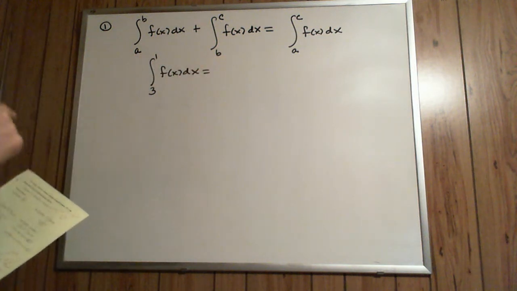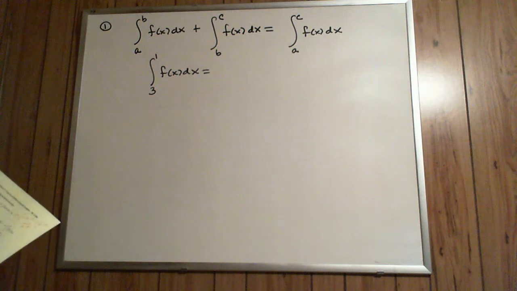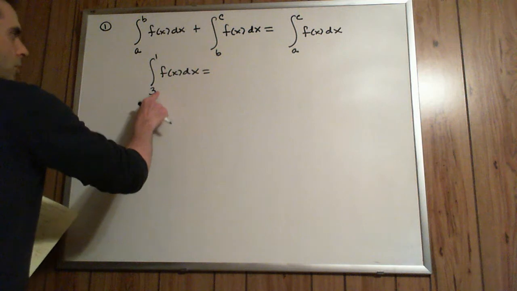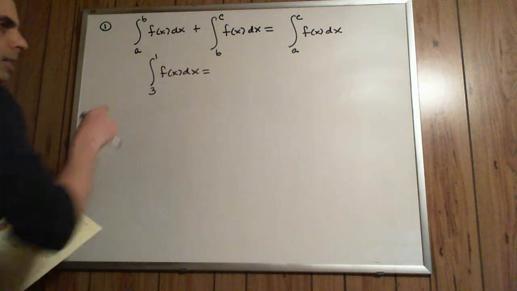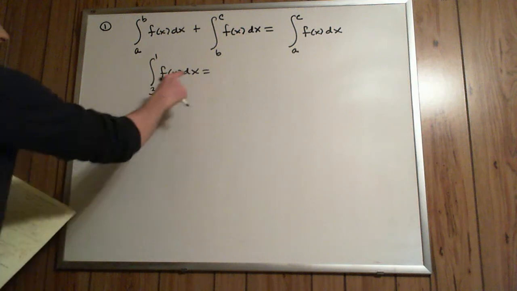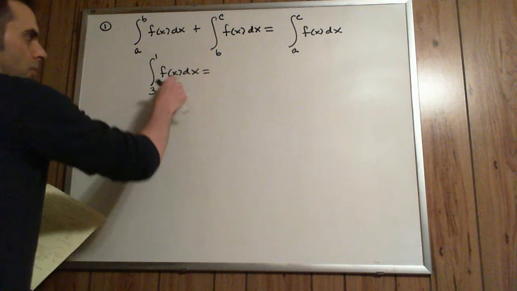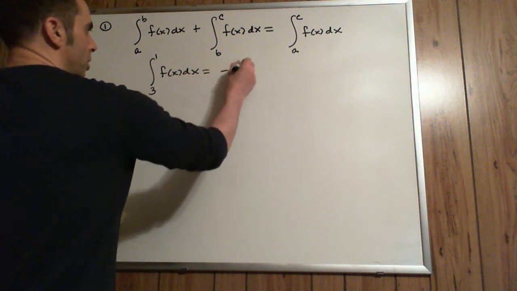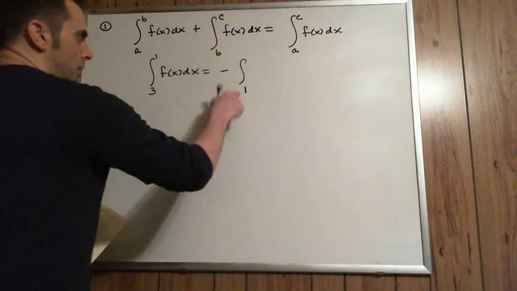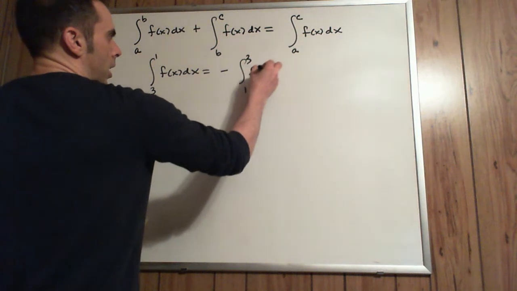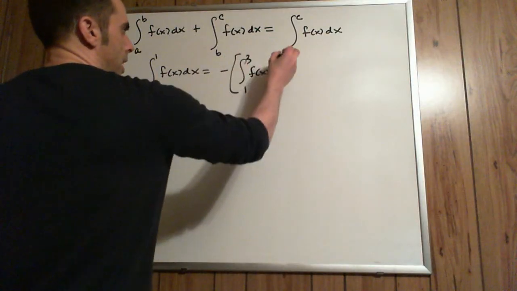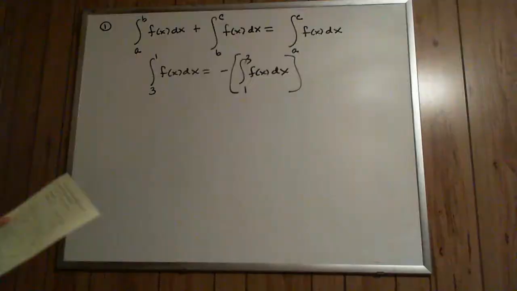If we're using geometry to get the value, because we're going from a higher x to a lower x, the x's are decreasing and this is negative. So we can reverse this and write it as negative times the definite integral from 1 to 3 of f of x dx.